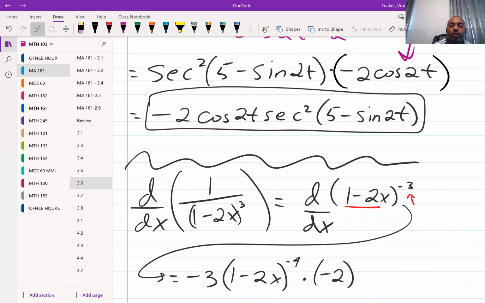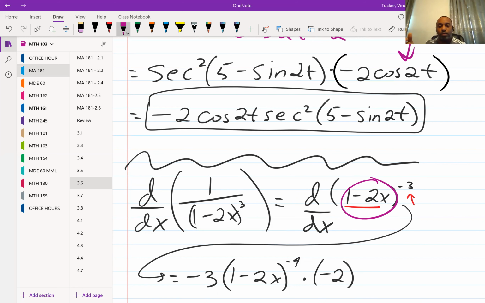So the negative third power is the outside, 1 minus 2x is the inside. So bring your negative 3 down. Don't forget you're going to subtract 1 from negative 3, and negative 3 minus 1 is actually negative 4. So be careful with that. Then take the derivative of the inside. So derivative of 1 is 0.